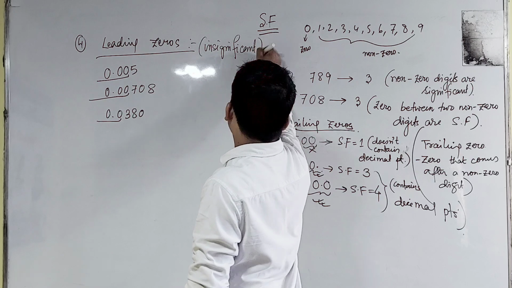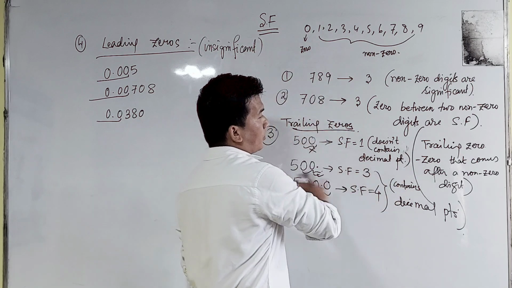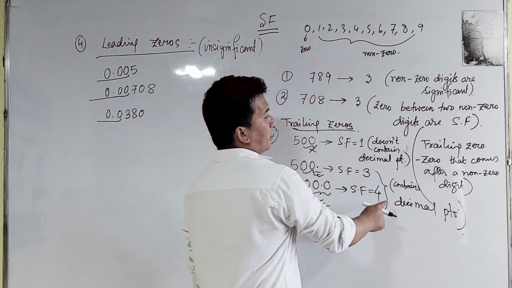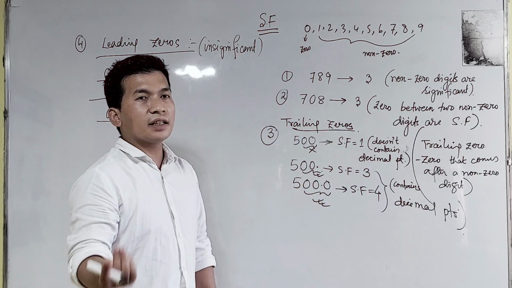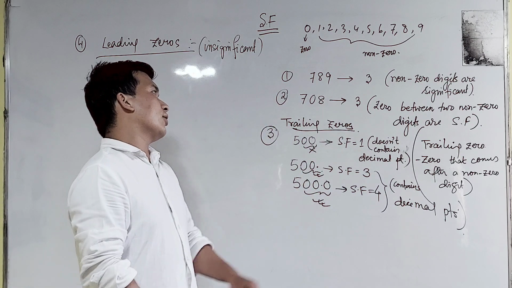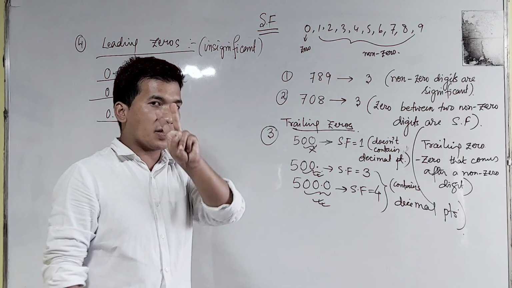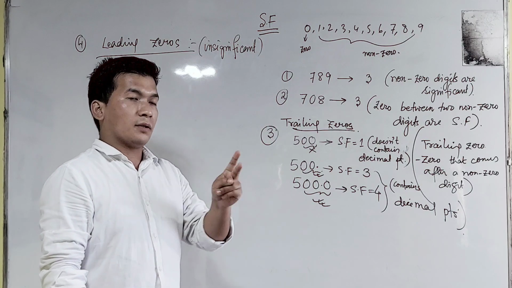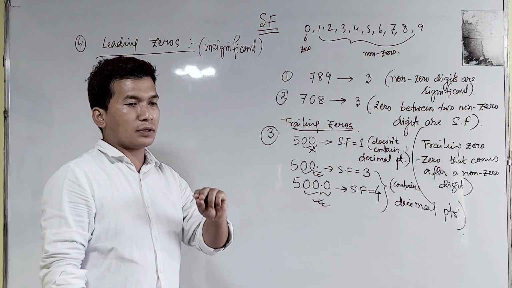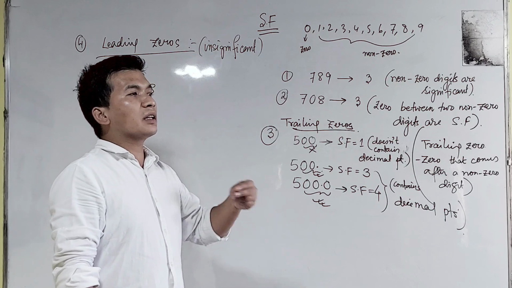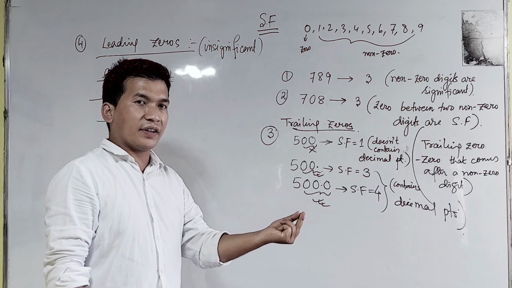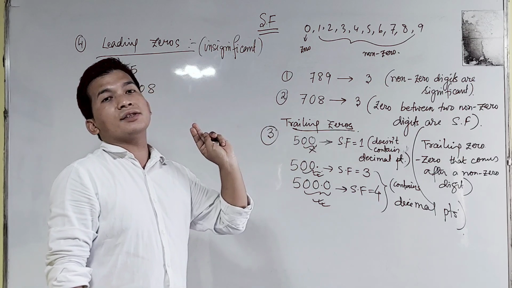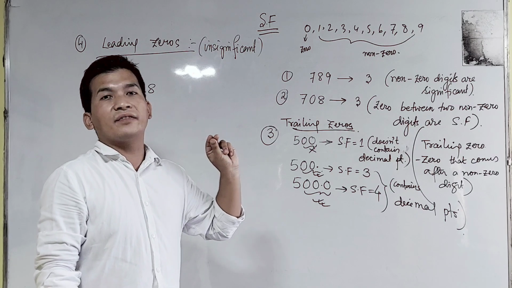Trailing zeros are significant under only one condition, that is if it contains a decimal point, and they are insignificant if it doesn't contain a decimal point. You have to understand two basic concepts: whether it contains a decimal point or not. If it contains a decimal point, we count the trailing zeros as significant, and if it doesn't, then we just ignore the zeros when counting significant figures.